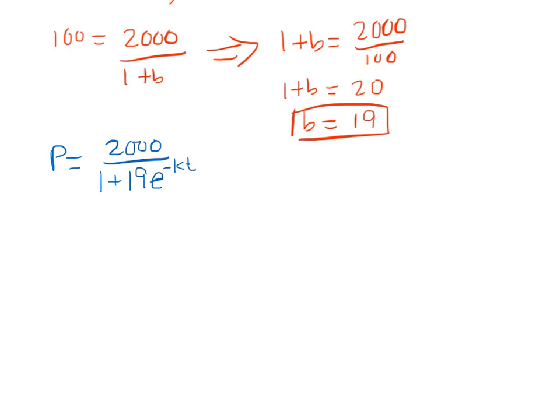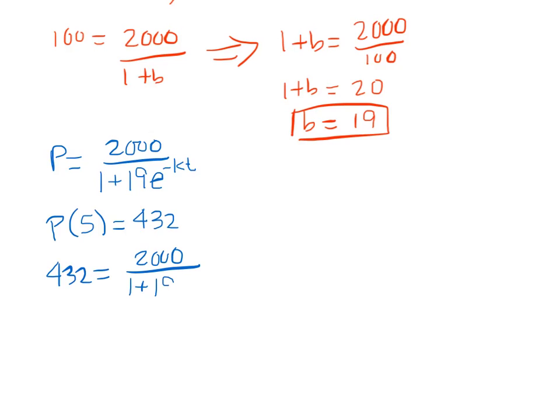If I want to solve for my k value, I'm going to use the second piece of information they gave us, which was P of 5 years equal to 432 deer. So if I plug everything in, I have 432 deer equal to 2,000 divided by 1 plus 19e to the negative k times my t, which is 5.